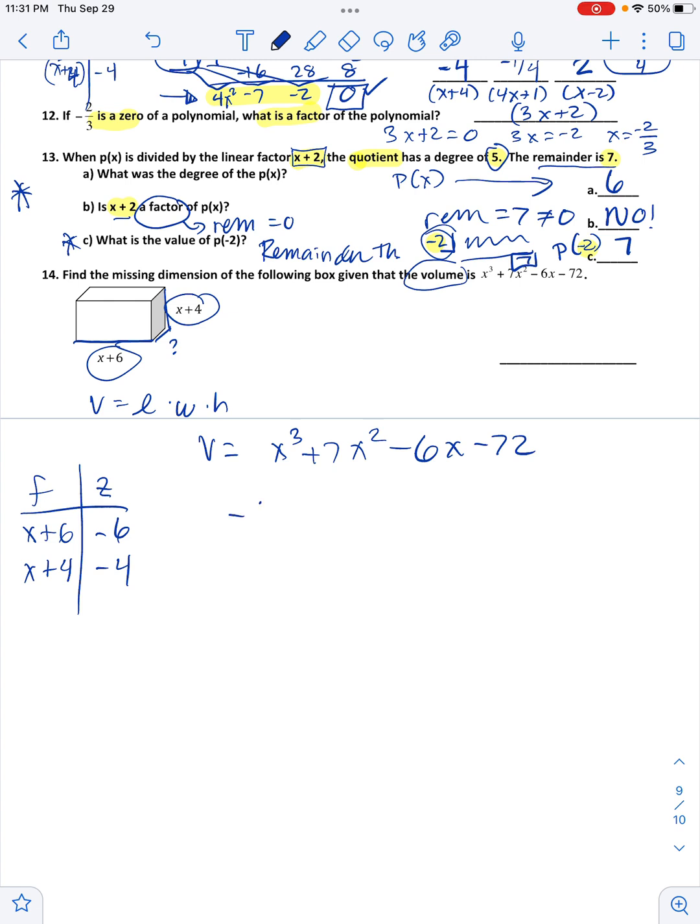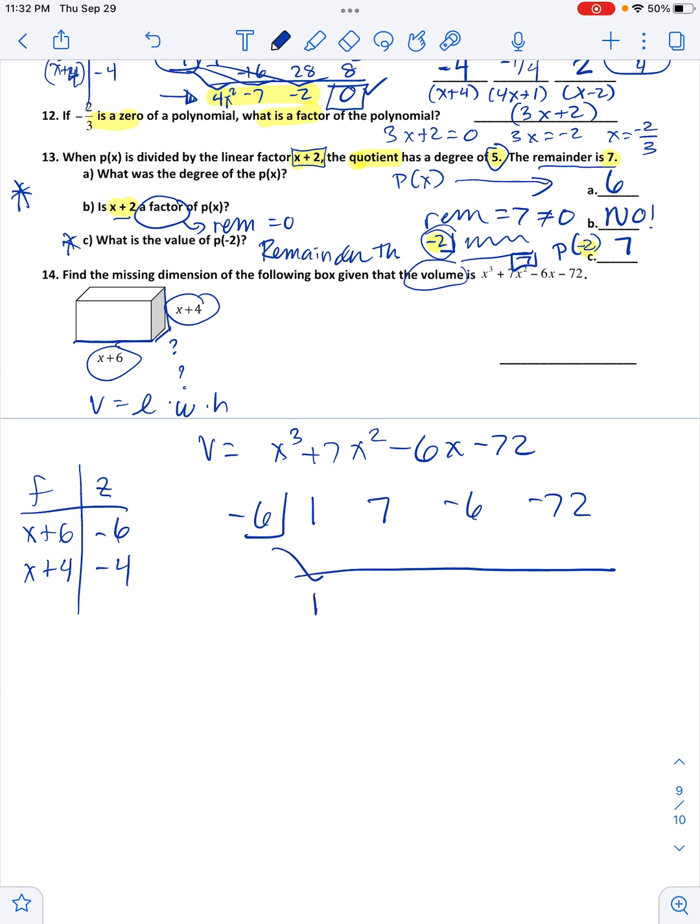I'm going to start with whichever one I want. It won't matter. 1x cubed, 7x squared, minus 6x, minus 72. I expect to get a 0 because I can see from the picture that x plus 4 and x plus 6 are part of this equation. They're probably the length and the height, so I'm looking for the width.